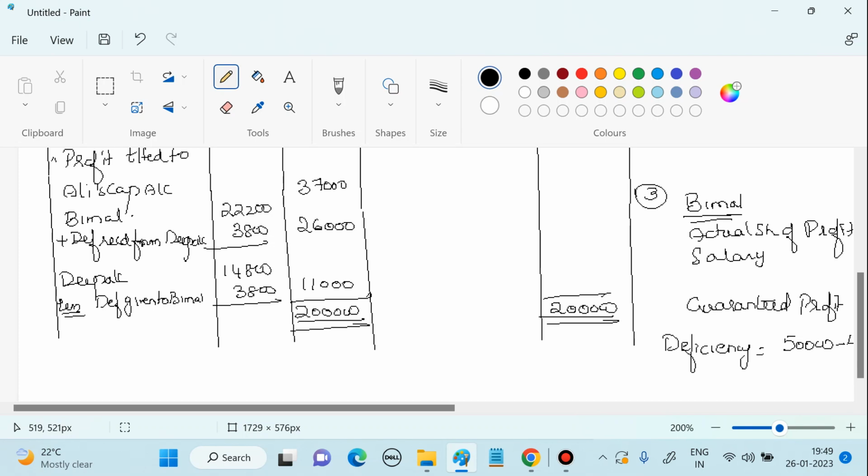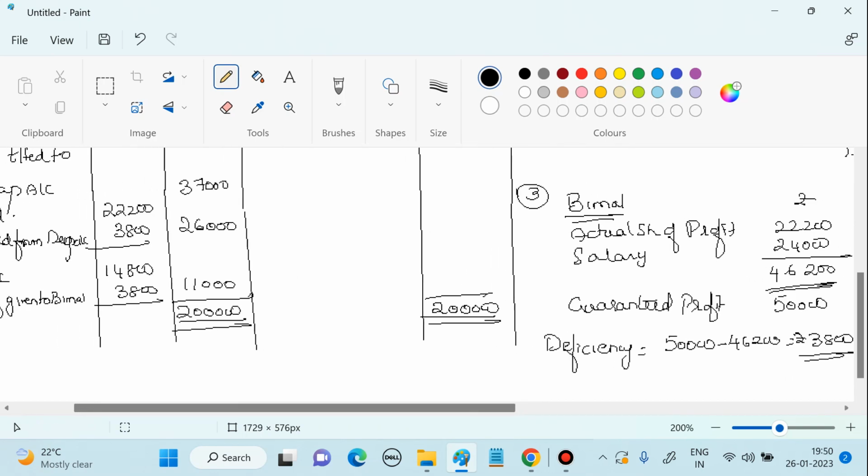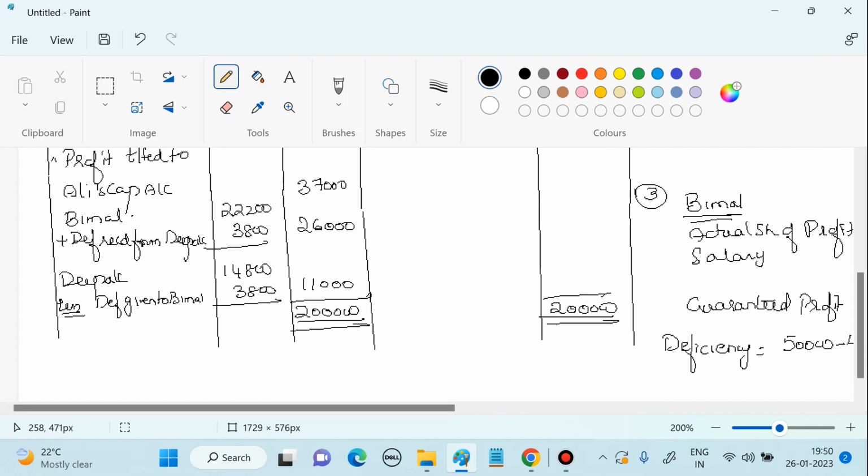And also here, by calculating the deficiency, we had to take not just the share of profit like in the previous question, but we had to include the salary which was given, exclude the interest on capital, and then compare it with the guaranteed profit to get the amount of deficiency. And that deficiency was given by only one of the partners. So that's it about guaranteed profit. I hope the concept was clear to you.